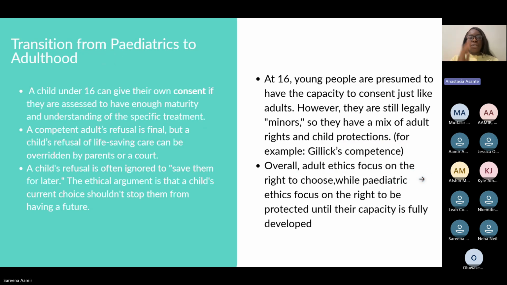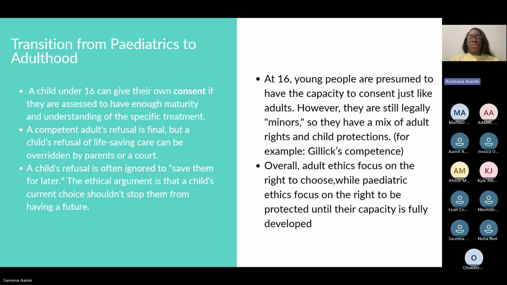Okay, so when it comes to the transition from pediatrics to adulthood, a child under 16 can actually make their own decisions and give consent if they're assessed to have enough maturity and understanding of the specific treatment. A competent adult's refusal is final, but the child's refusal of life-saving care can be overridden by parents or court.